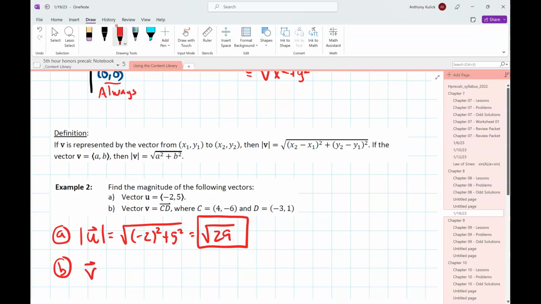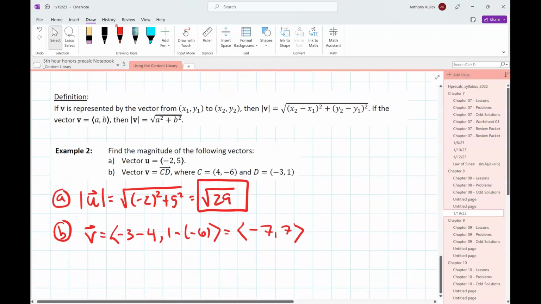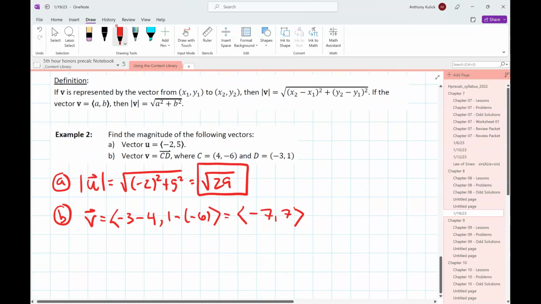I like just converting everything into component form personally, because more often than not, if there's anything else I need to do, I'm pretty glad that I had it in component form to start with.